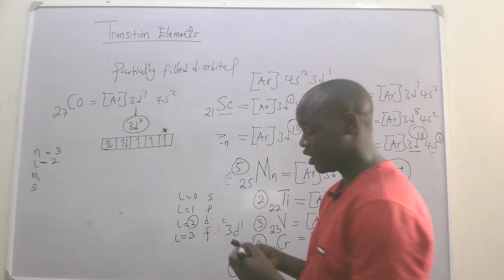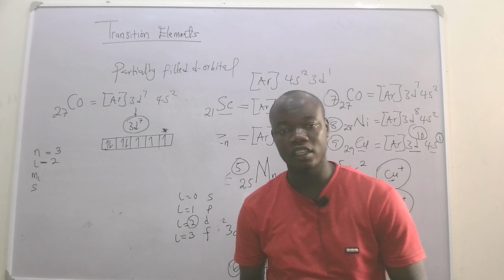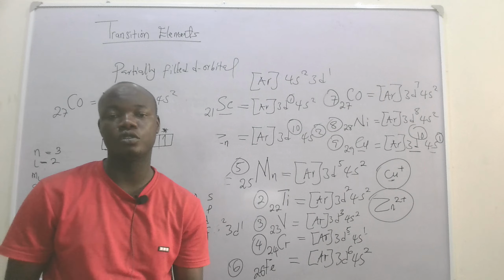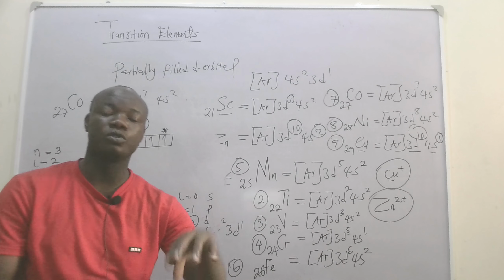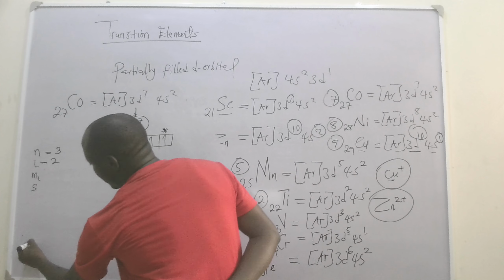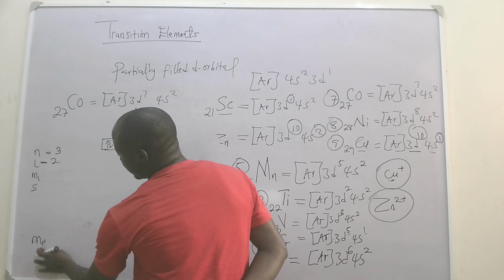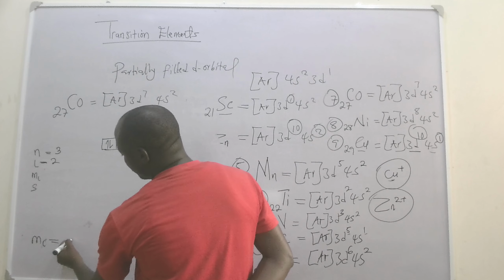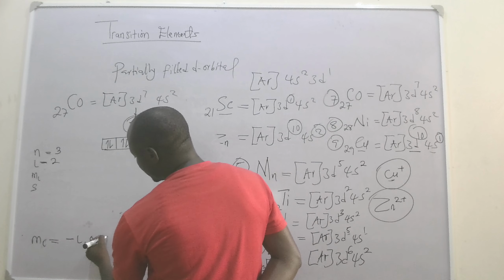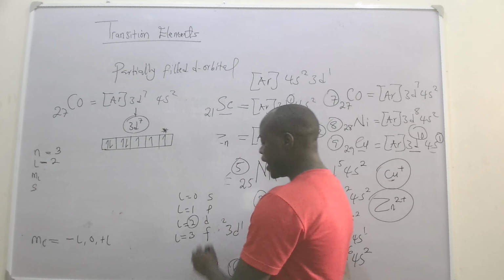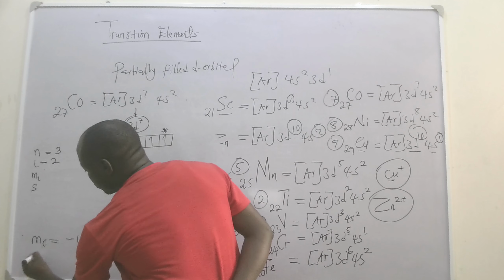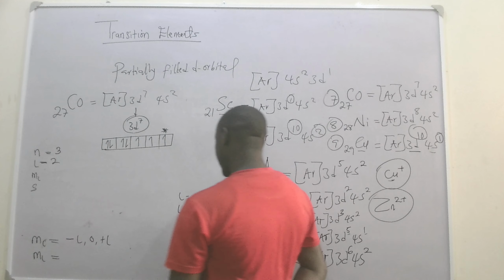Then the next thing is the magnetic quantum number, ladies and gentlemen. You shouldn't forget that the magnetic quantum number ML has a range of values from minus L, through 0, to plus L. The L here is 2.